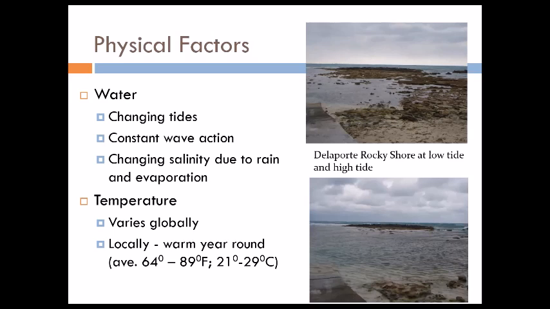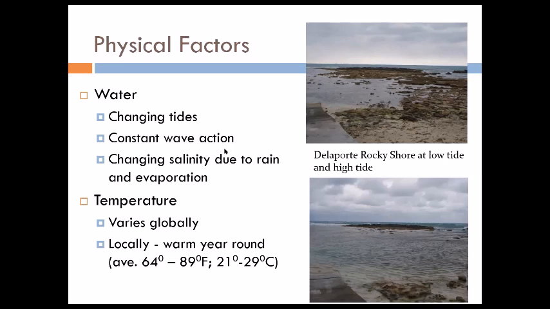And you may have parts that are usually on land and always exposed to the air as well as sunlight. You can also see that inside this picture here. Once we start to talk about the different zones on the rocky shore, we'll elaborate on that a little bit more.